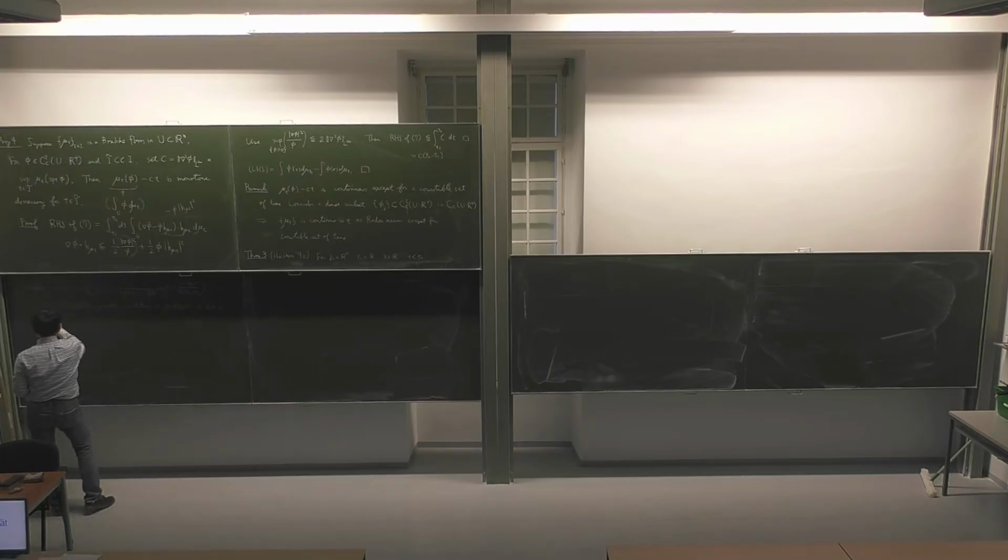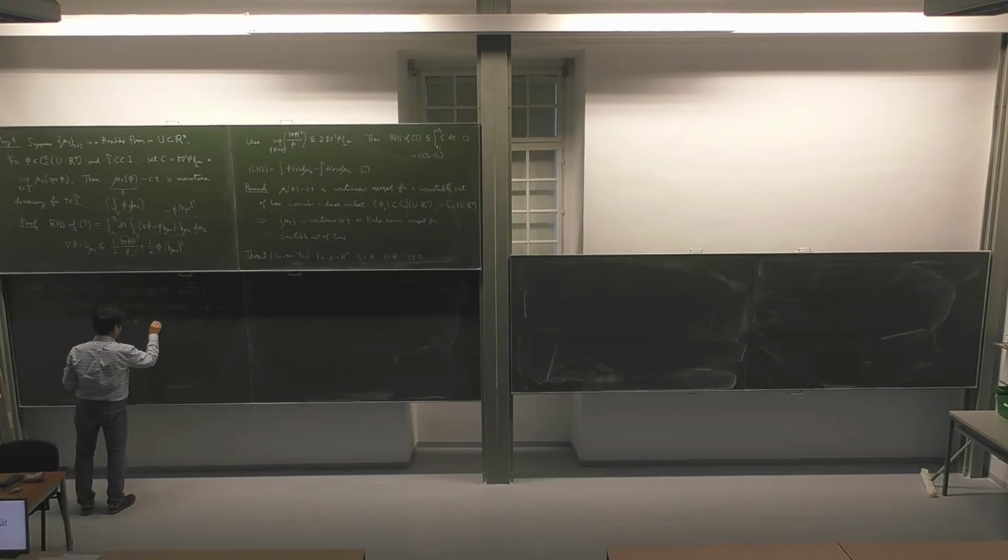And for a Brakke flow mu t in Rn, we have the following.